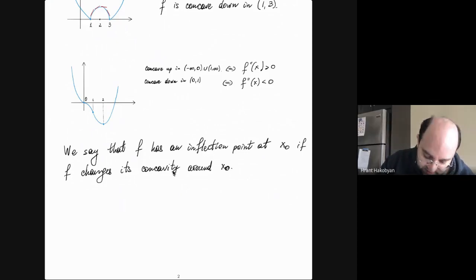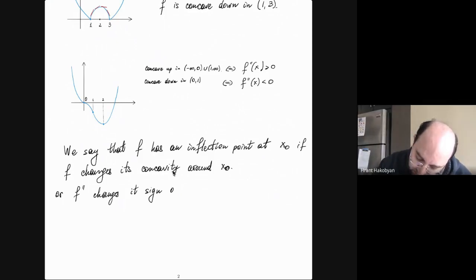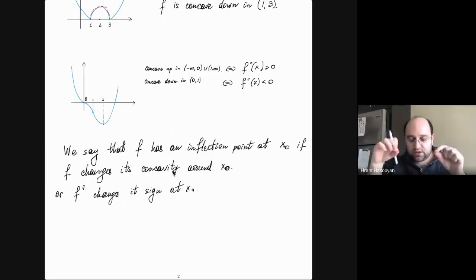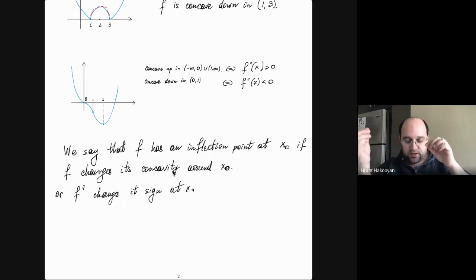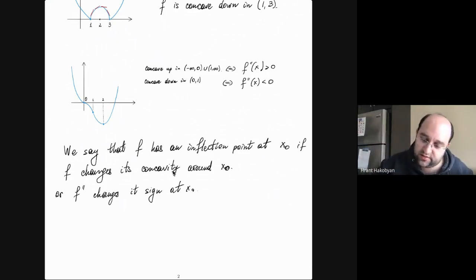It's the same thing as saying F double prime changes its sign at x naught. So if you looked at the second derivative and figured out the points where it went from positive to negative or negative to positive, that means it changed its concavity, so that's an inflection point. That's what it means to be an inflection point, okay?